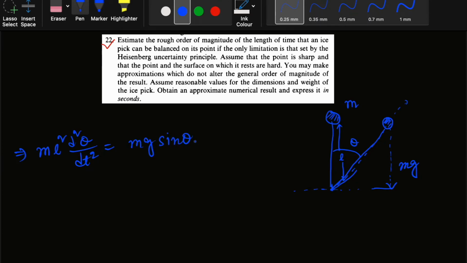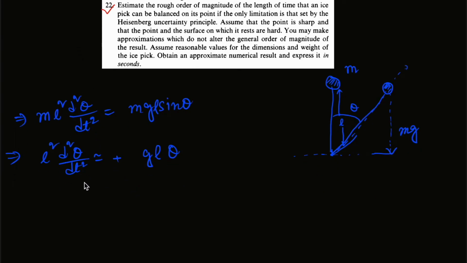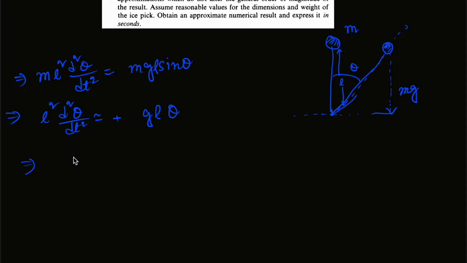Now mg sinθ times L, that is mgL sinθ. Now if theta is very small, then this will be m L² d²θ/dt² equal to mgLθ. m will not be there, and that means d²θ/dt² will be equal to (g/L) θ.